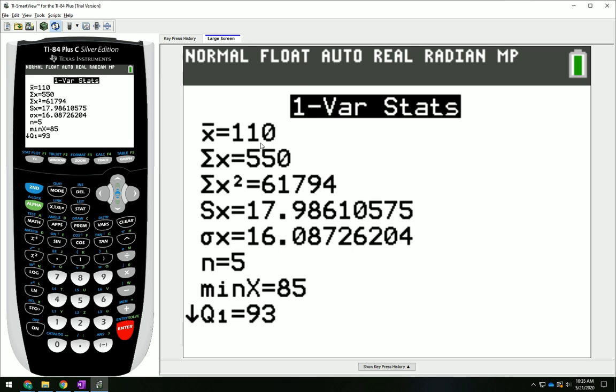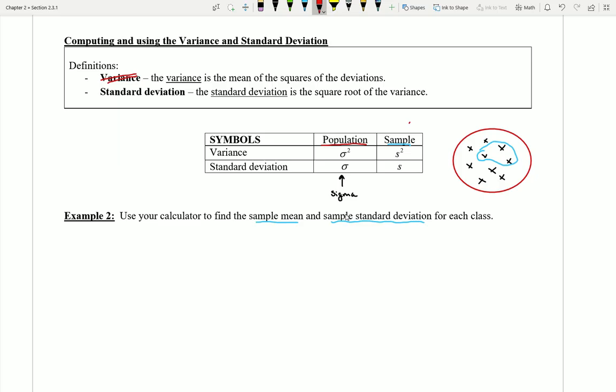So I know that x bar is 110, and my standard deviation is 17.9861, at least roughly speaking. So I'm going to jot all of that down. For Class 1, we have x bar 1 at 110 points, and our standard deviation s 1 is roughly 17.9861 points.